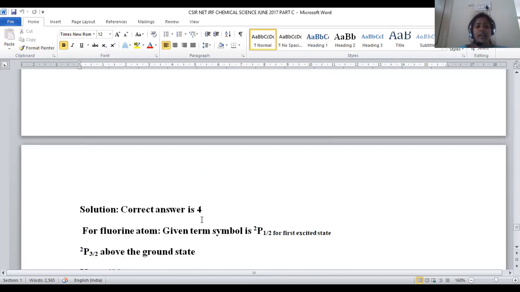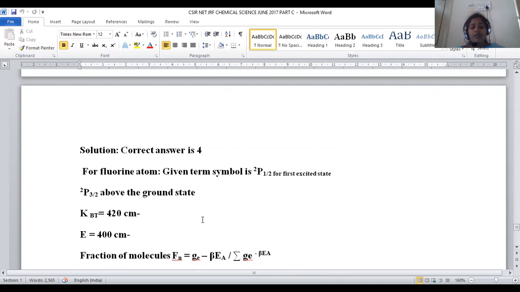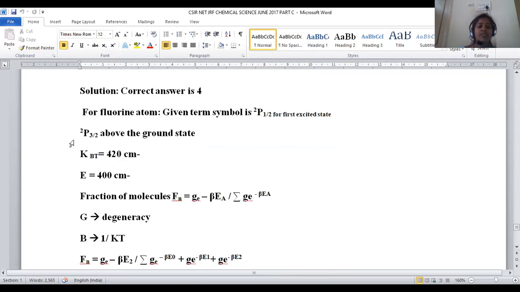In order to get that, we are taking the fluorine atom. The fluorine atom ground state term symbol is 2p 3/2. The excited state term symbol is 2p 1/2. The first excited level is 2p 1/2. The ground state is 2p 3/2.